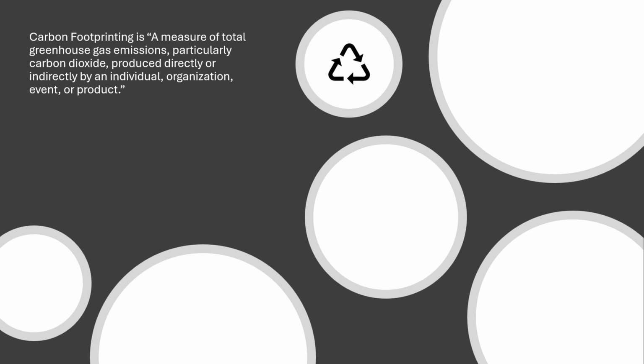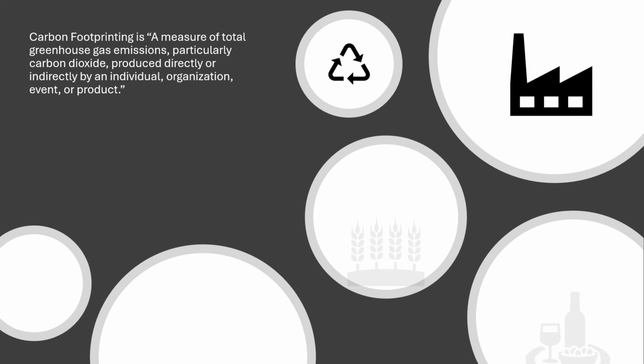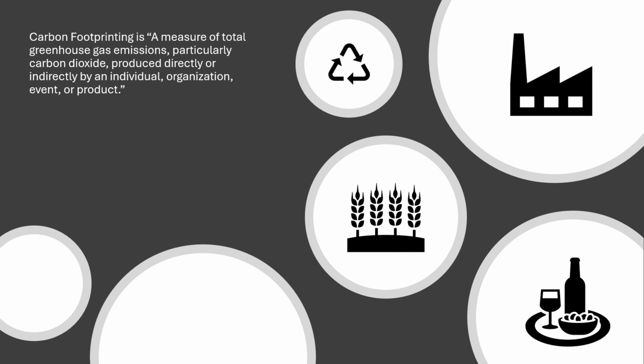It spans from landfills and waste to factories and manufacturing activities, agriculture and food production, transportation, energy use. Every one of these sectors generates CO2 or some form of emissions. It could be methane, which comes from agriculture.